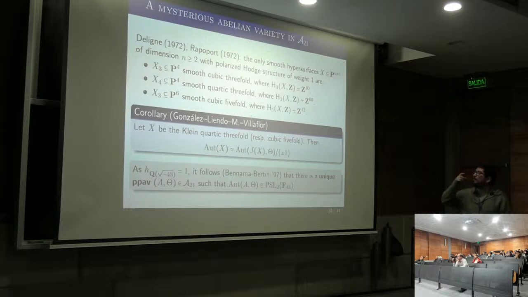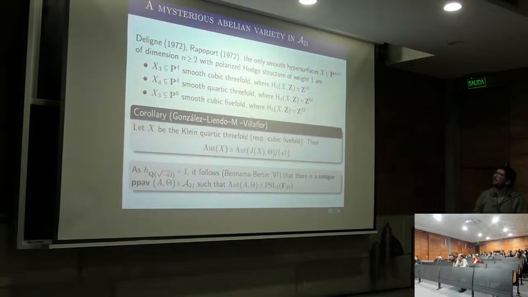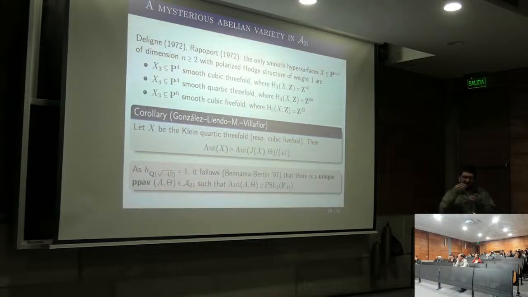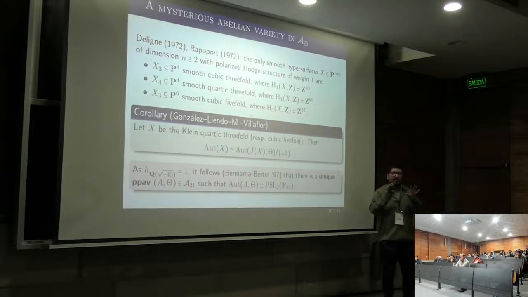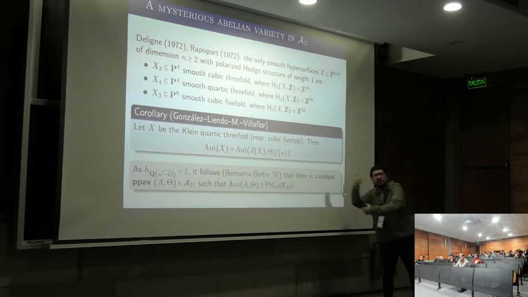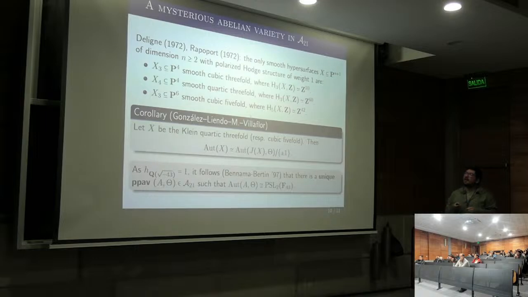Because it's a very old result by Deligne and Rapoport that the only smooth hypersurfaces that admit intermediate Jacobians, recall that this means that the cohomology of degree n, where n is the dimension, is the direct sum of two conjugate vector spaces, and therefore you can construct a torus, are the smooth cubic threefolds, for which we know the Torelli theorem is true by Clemens and Griffiths, smooth quartic threefolds, and smooth cubic fivefolds, sorry.